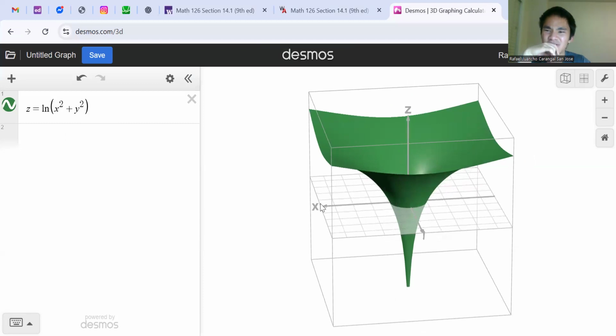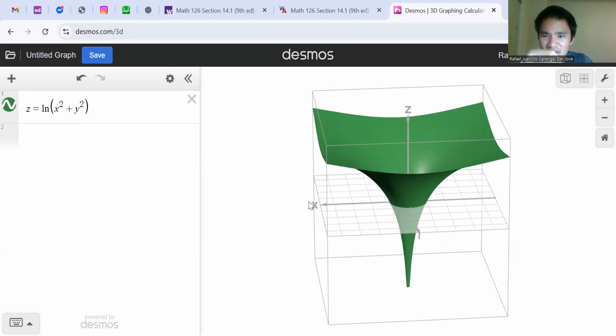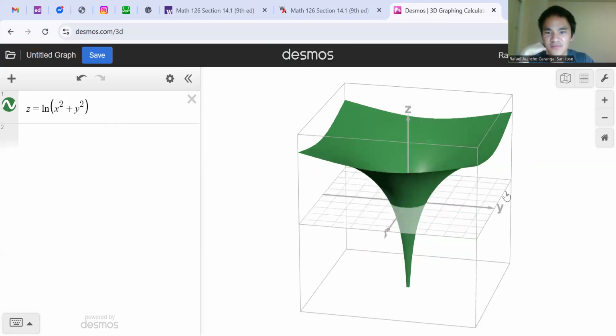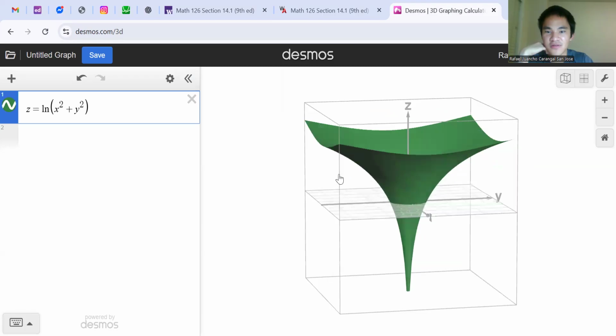So in my xz, I have a parabola. No, I know. Because in my xz here, it looks like I have a logarithm. Yeah, it's a logarithm. If I take out my y, I just get z equals ln x squared. It's a logarithm. And same thing, if I take out my x, if I look at my yz, I also get the same logarithm here.